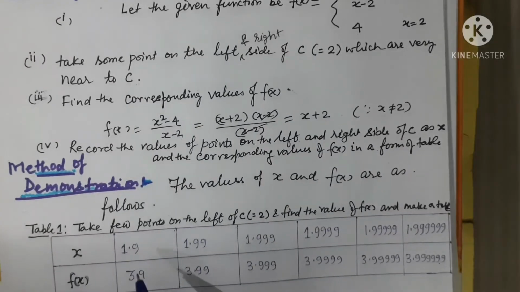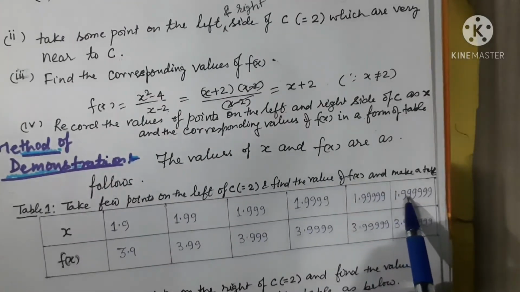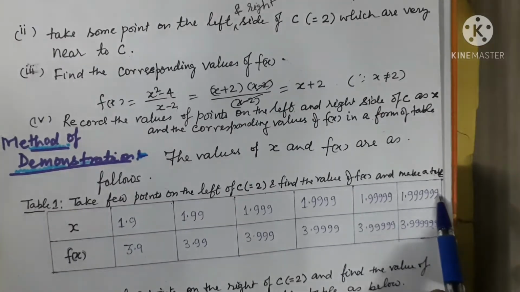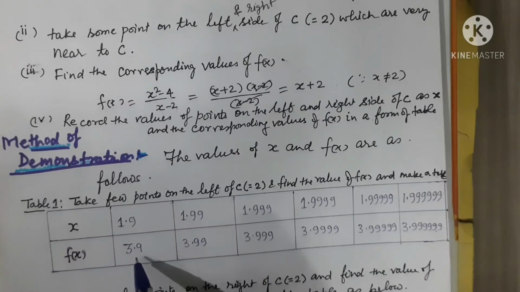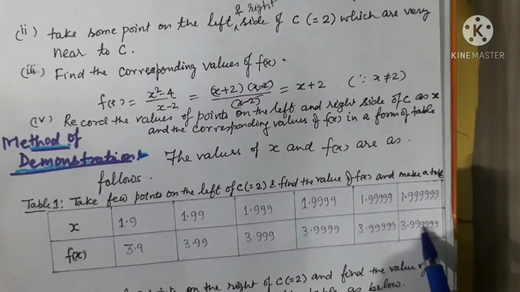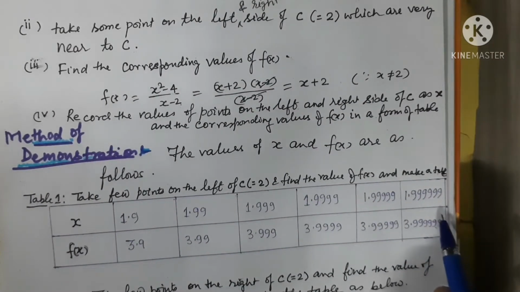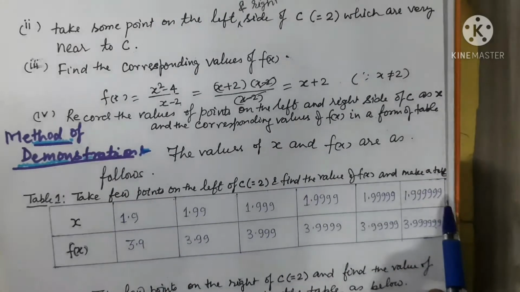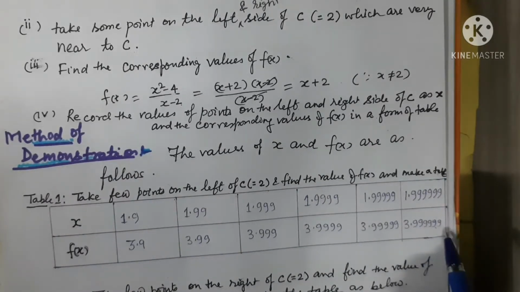If we take the value of x from 1.9 to 1.999999, which is close to 2, then the value of f(x) becomes 3.9 to 3.99999, which is close to 4. It means if you are approaching from 1.9 to 2, then f(x) approaches 4.